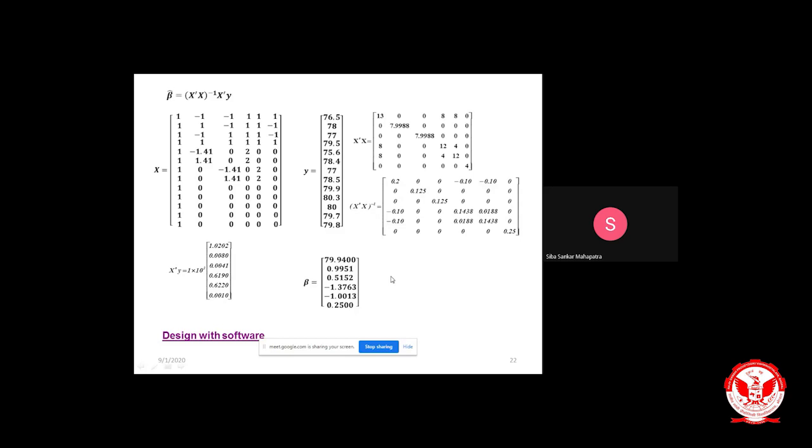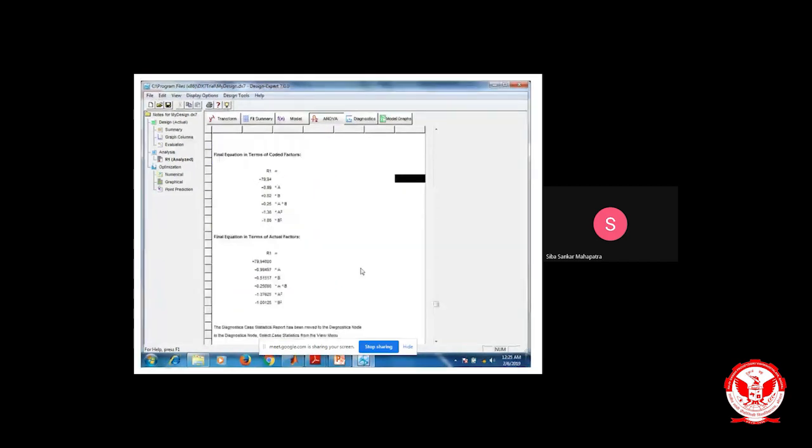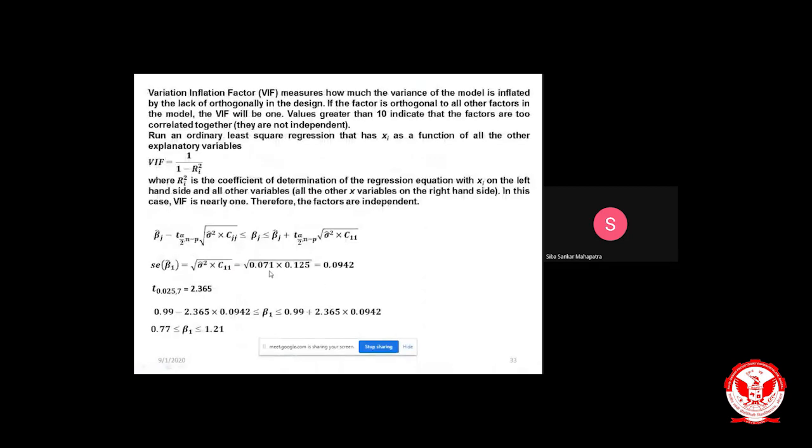The mean square residual is 0.071, so we put it here, 0.071 and 0.125.